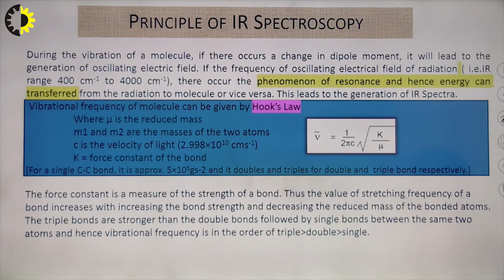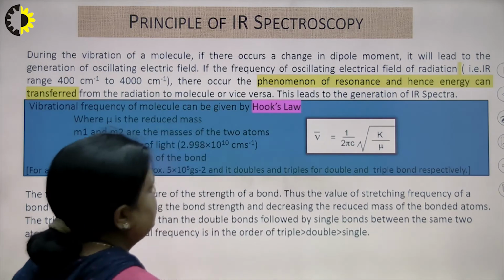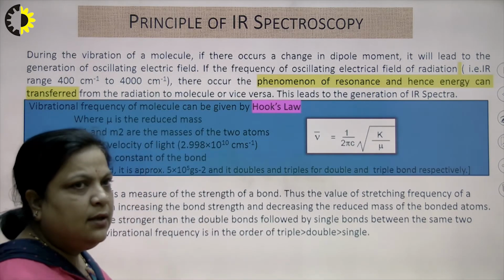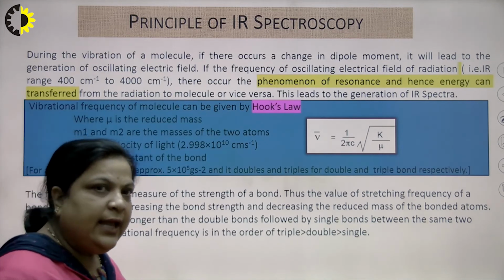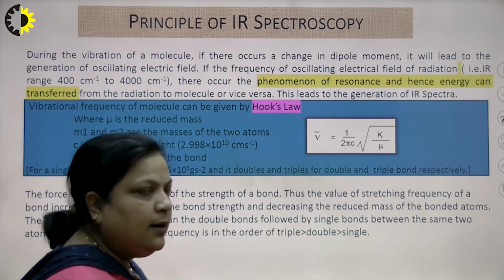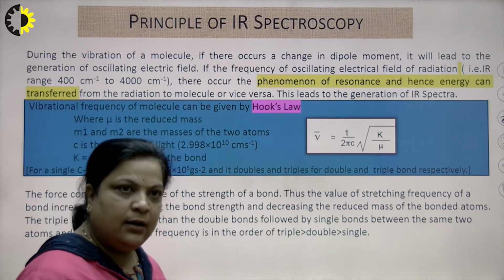Now, what is stretching or bending, and what is the process? During the vibration of a molecule, if there occurs a change in dipole moment, it will lead to generation of an oscillating electric field.